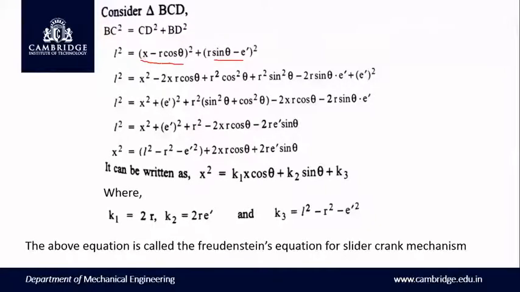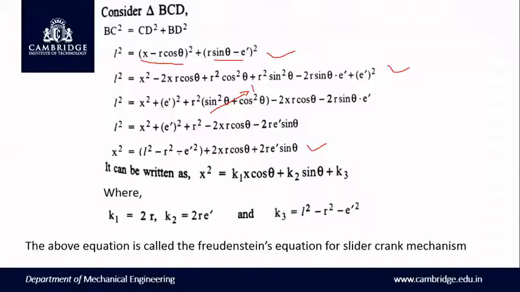Now expand this using the a minus b whole square format, a square minus 2ab plus b square, and substitute the respective variables. On further simplification we use sin square theta plus cos square theta equal to 1, and similarly we can solve for x square at this step.